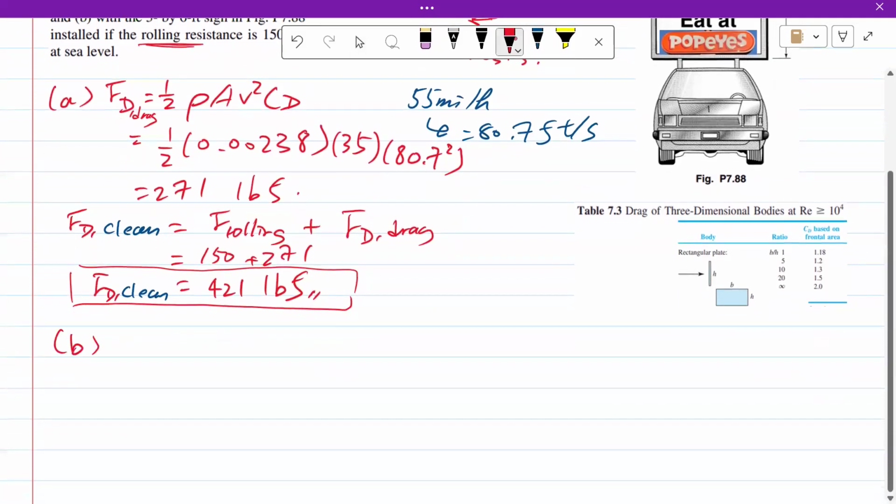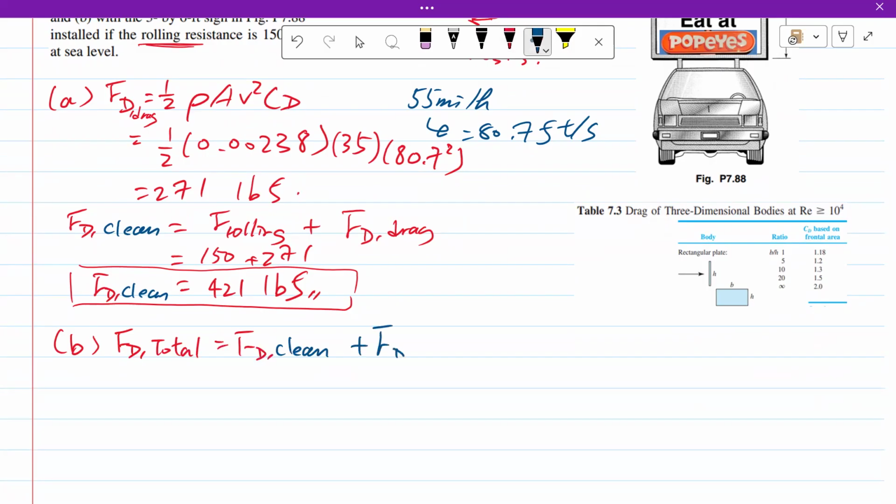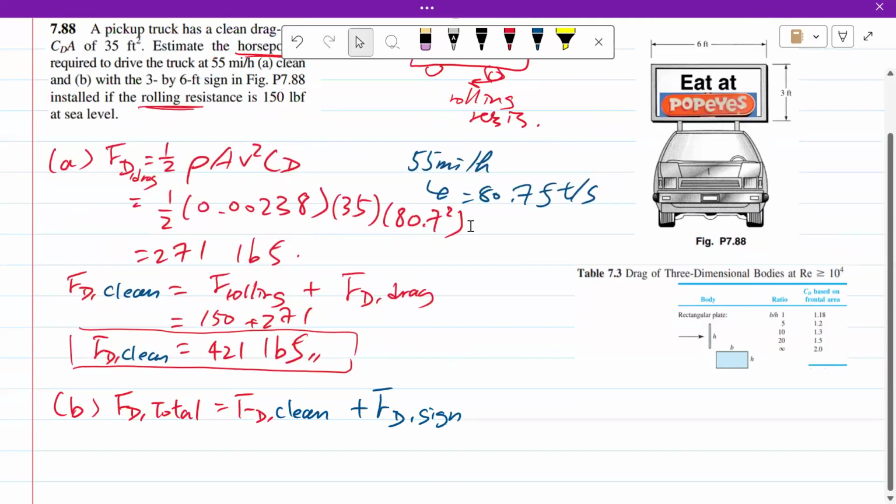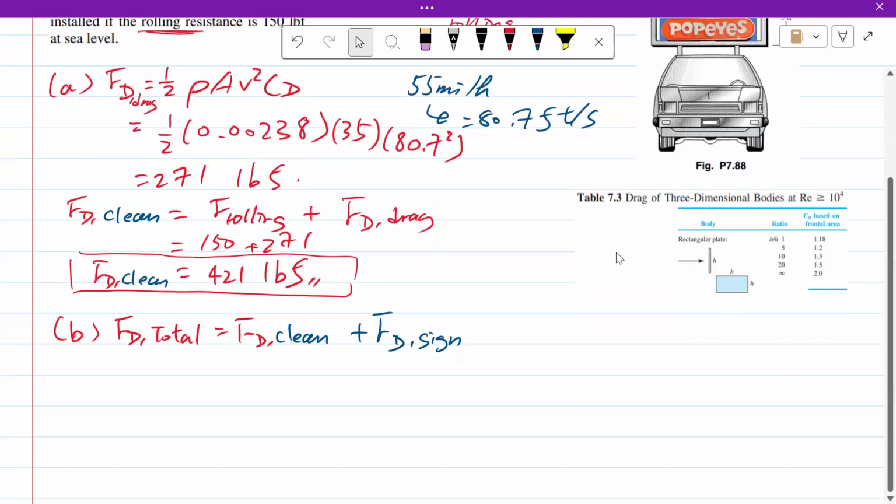Now part B, that's where we get the actual total. It's equal to what we calculated in part A plus FD for the sign. Sorry, I shouldn't call it plate, I should call it sign. Plate implies that it's laying flat down. So you actually need to go into a table to find the drag coefficient.